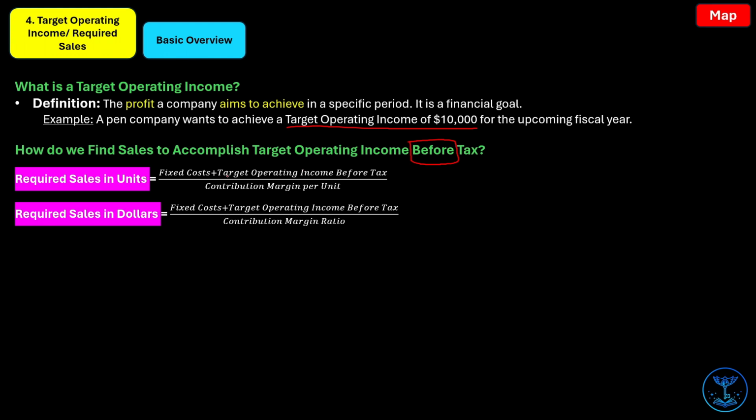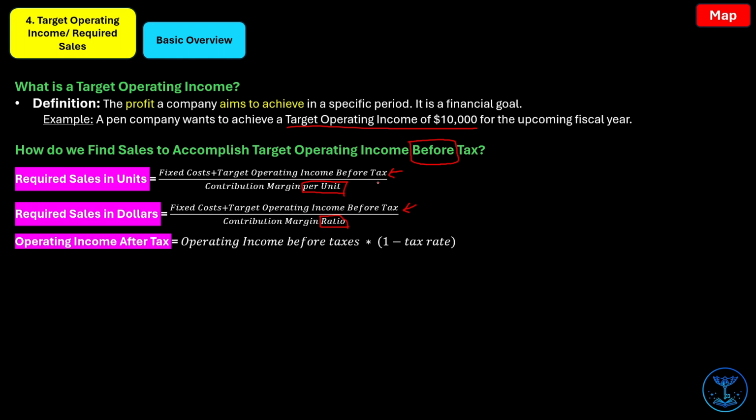As you can see in the formulas, the top part is always going to be the same, and the only thing that changes is either your per unit or your ratio. If you want to find your dollars, you use your ratio, and if you want to find your units, you use your per unit contribution margin.